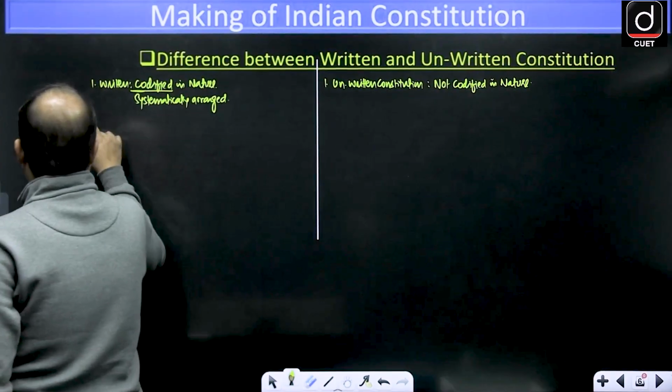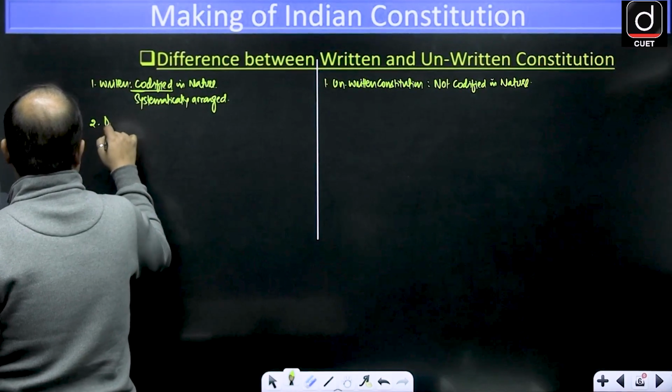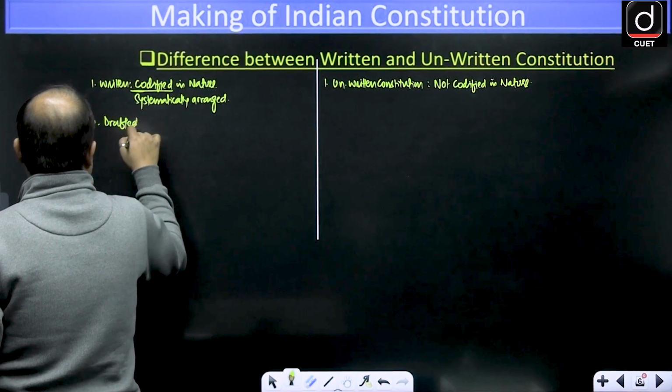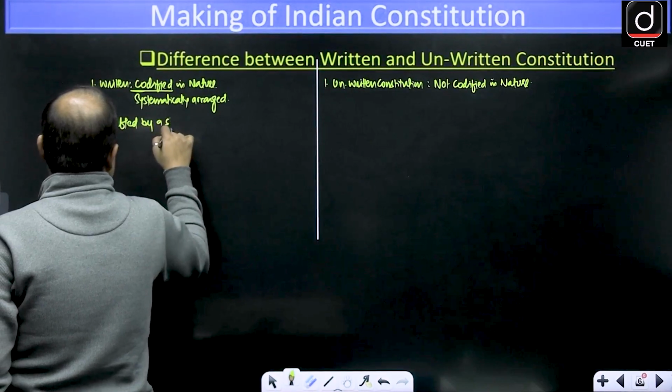Next is that the written constitution is drafted by a special body.